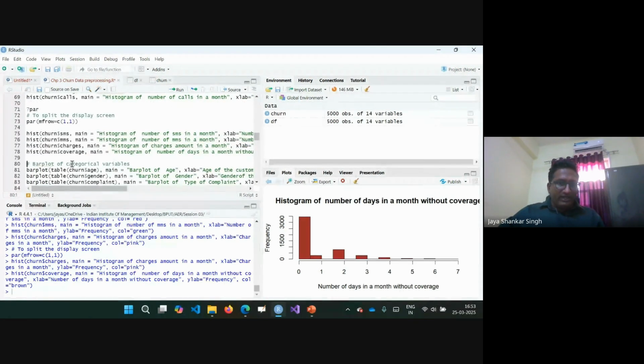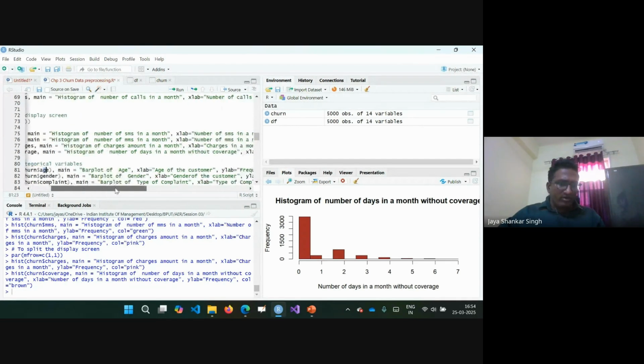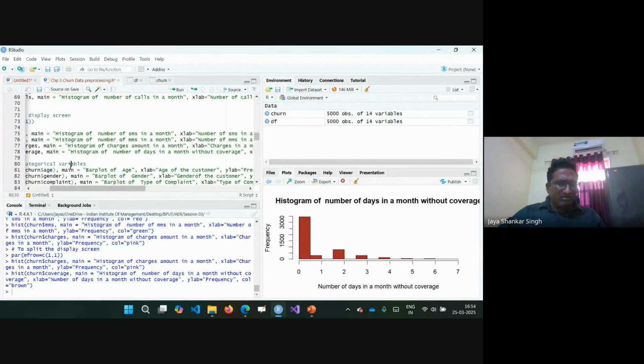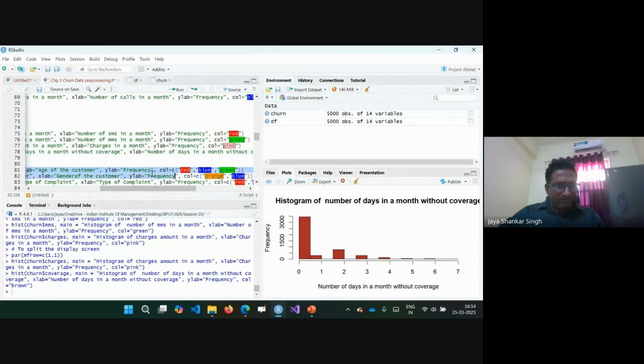Now for the categorical variable, what we are going to do? We are going to plot bar plot. कैसे function काम कर रहा है? Simple है. Bar plot. I'm asking it to use the table. The data I'm passing is again the data file name, the values, the axes I'm trying to draw using bar plot, and these are just the names I'm using for the main title and the X lab or Y lab, color.